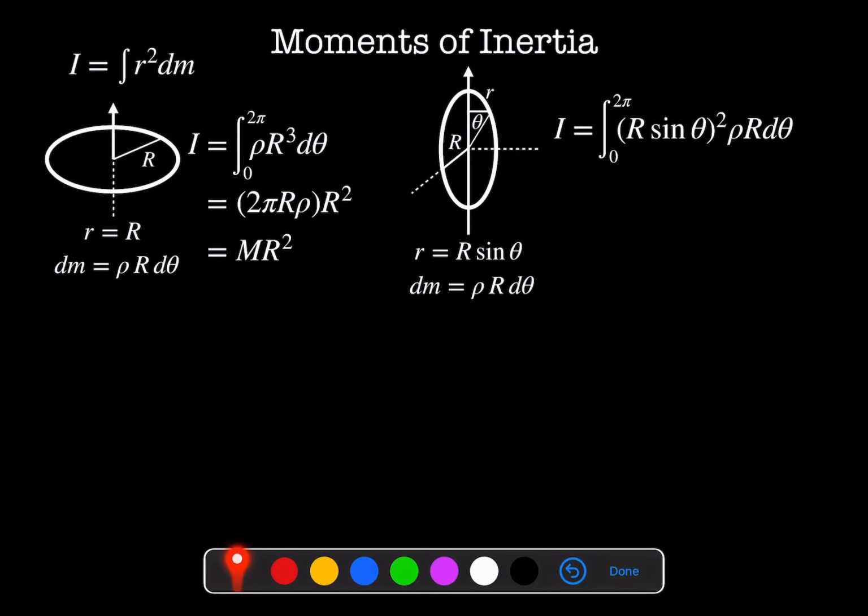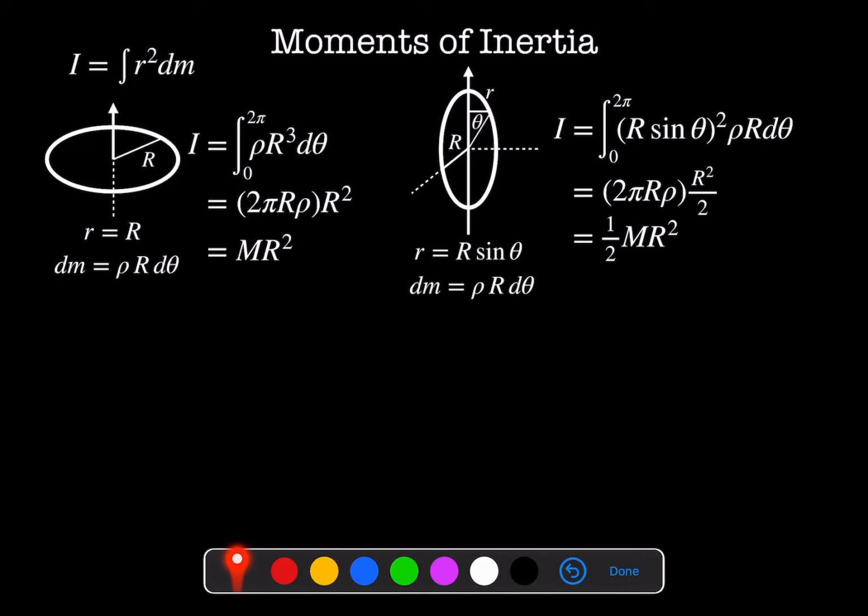So here we've got a moment of inertia, which is the integral from 0 to 2 pi of r sine theta quantity squared times rho r d theta. When we do this integral, we end up with 2 pi r times rho, which is again the mass, times r squared over 2, or 1/2 mr squared.